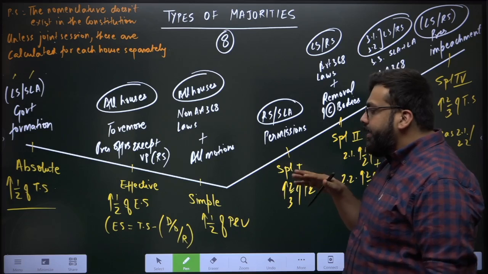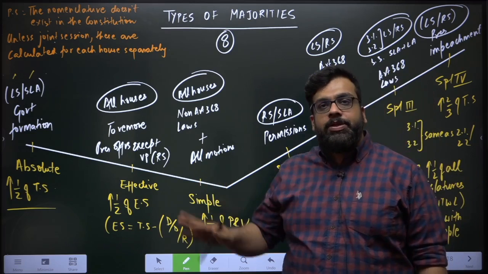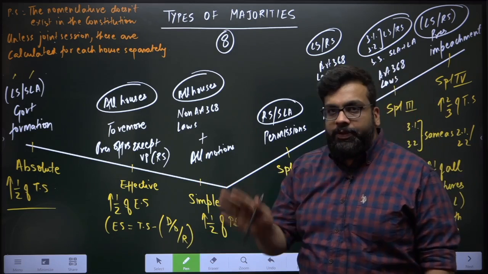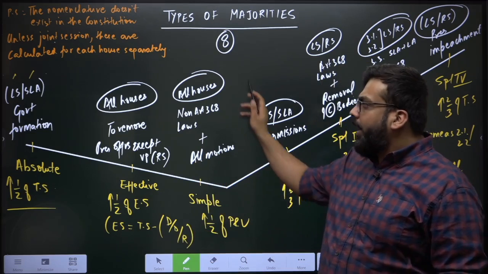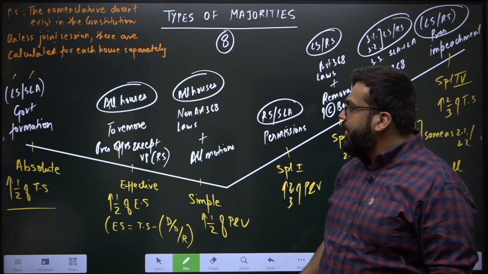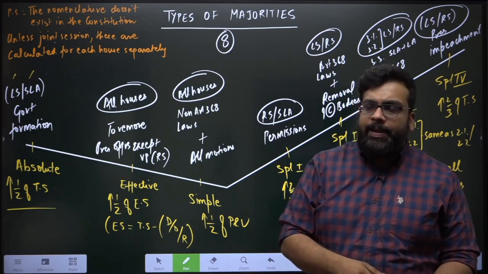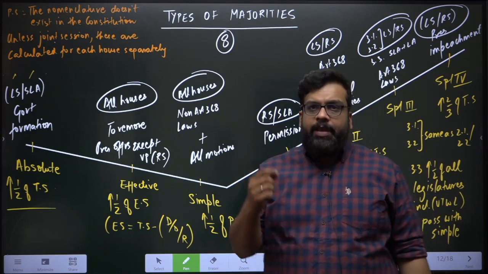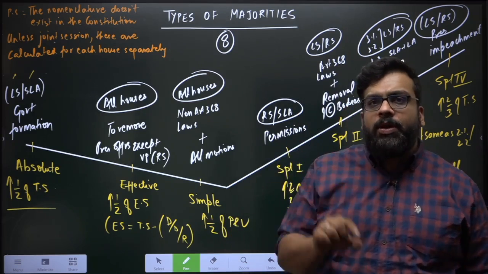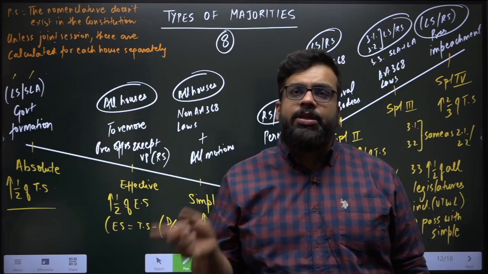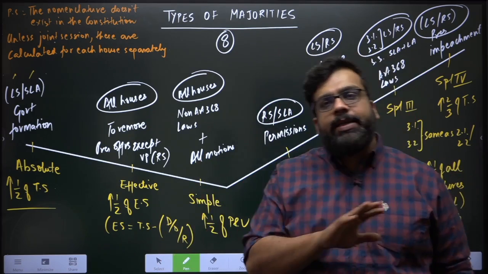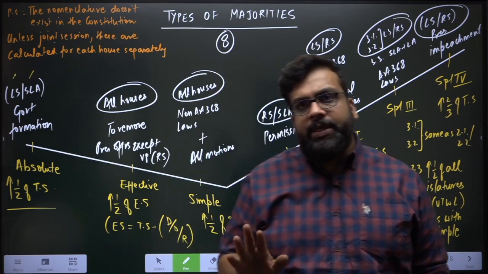Then you also have simple majorities. Simple majority is your default majority for a lot of things, again used across all houses. It is used for two reasons primarily. First, if you are making a law which is not an amendment to the constitution under 368, close your eyes, blanket simple majority.